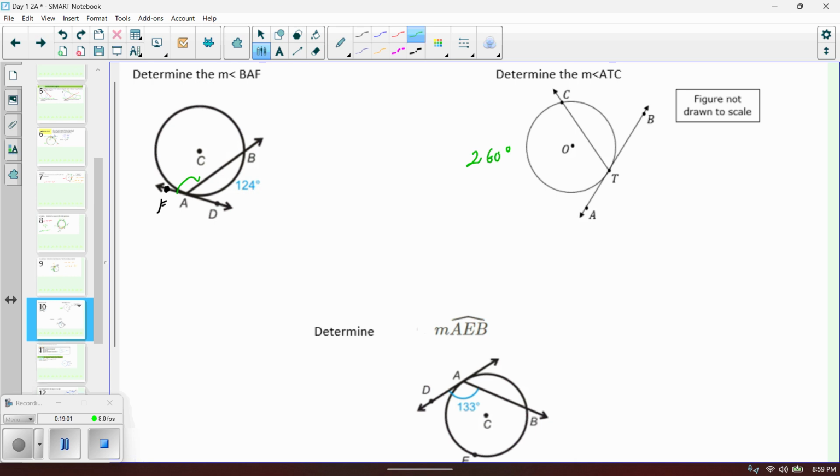So let's do half of the angle that they gave us, which is going to give us this piece right here, which should be 62. And then I know that 180 minus 62 has to be the one that we're looking for, which should be 118 degrees. That's going to be the measure of angle BAF.